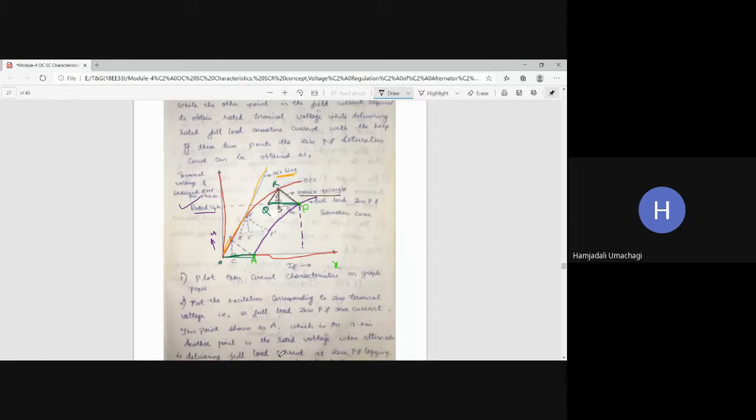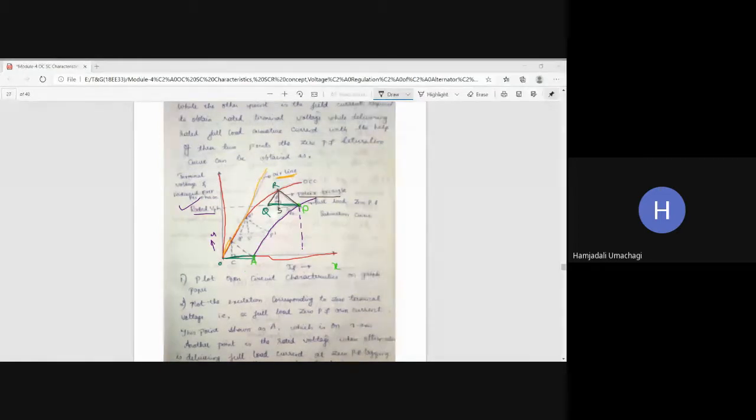Is it clear? Is it clear to all of you how to construct the Potier triangle?